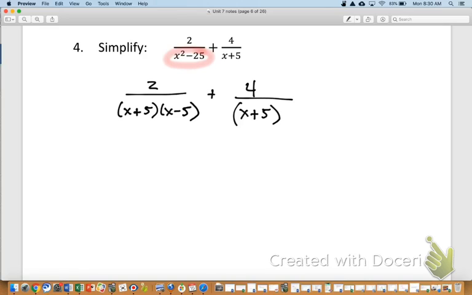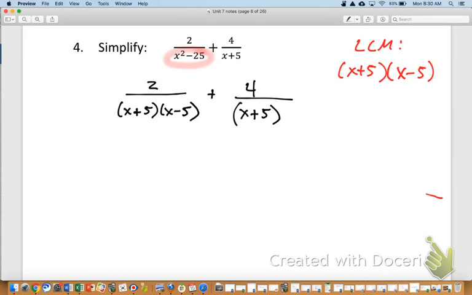Between the x minus 5 times x plus 5 on the left and the x plus 5 on the right, what do you think that least common multiple would be? I'm going to write it in factored form, and you're right. It'd be x plus 5 times x minus 5, which is x squared minus 25.